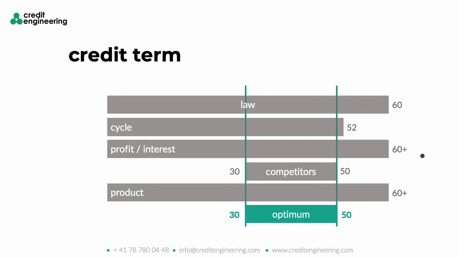So knowing it, we know that our credit term should not be shorter than 30 days, but everything over 50 days will be already too much, so the customer will be abusing our credit facility, which we would like to avoid. If it is extremely important, we can do that, but we need to understand why we go that far.